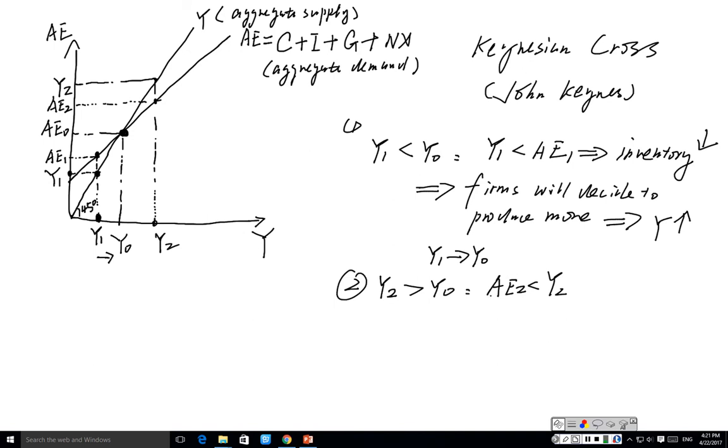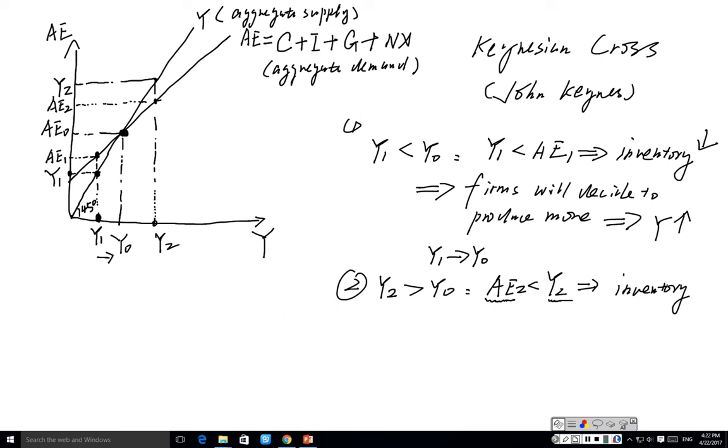Aggregate expenditure represents the demand side. Y represents the supply side. So for the whole society, goods and services produced, Y2, is much higher than goods and services demanded, AE2. So what happens to the inventory of the firms?